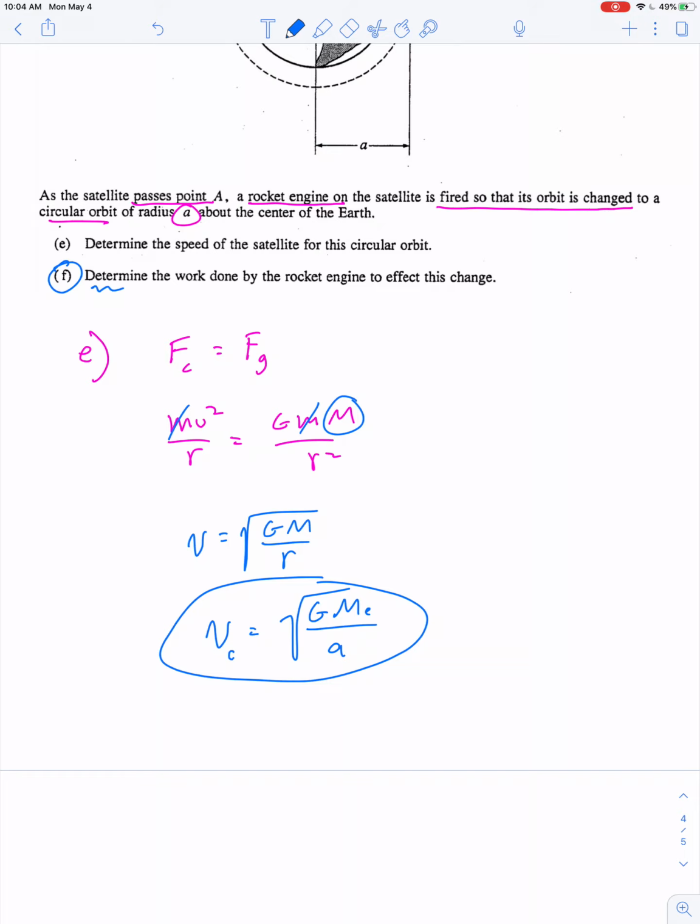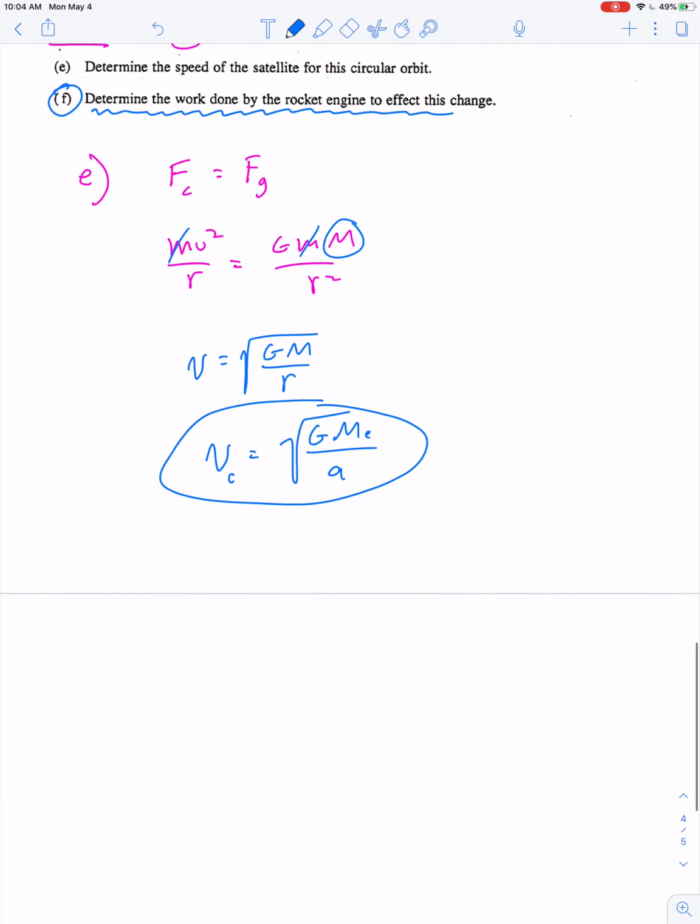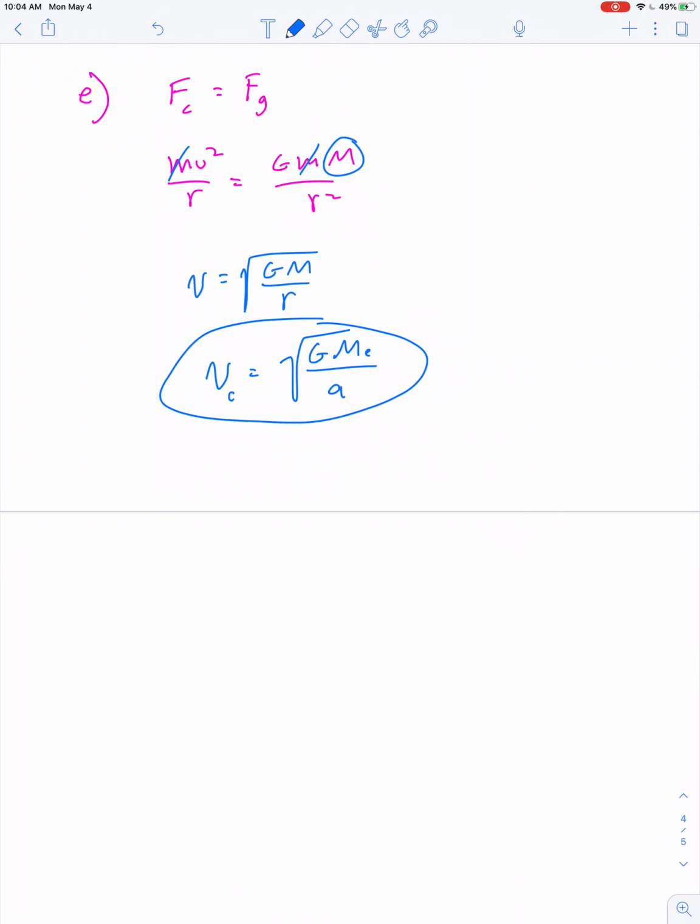Part F. Determine the amount of work done by the rocket to effect this change. So work is equal to the change in mechanical energy.